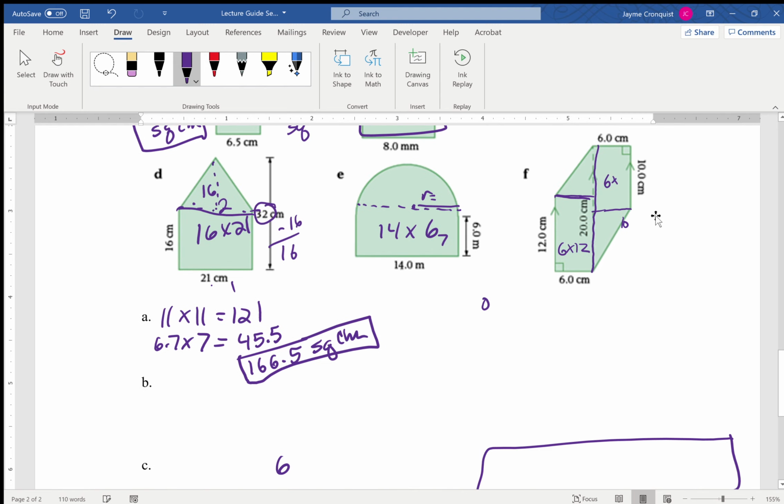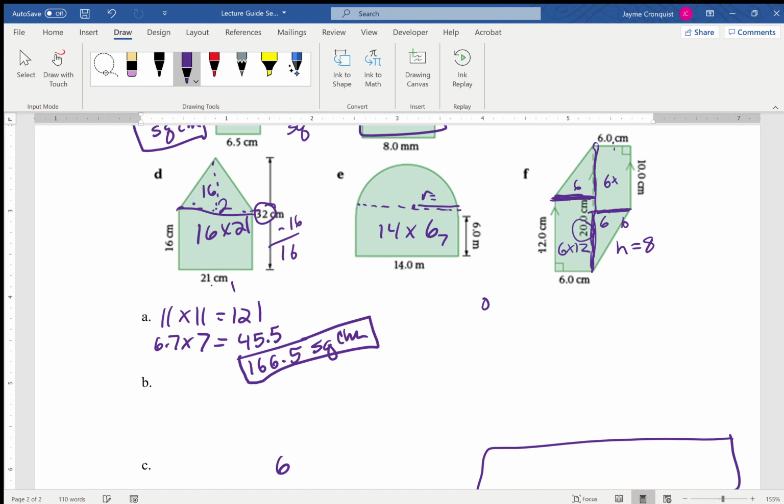All right, now we have two triangles. Thank goodness they're right triangles. I know that the base of this one is 6. Same with the base of this is 6, because if this is 6, this is 6. Okay, now what we need is the height, which is this side. So for this one, it's going to be 20 minus 12, or 8.